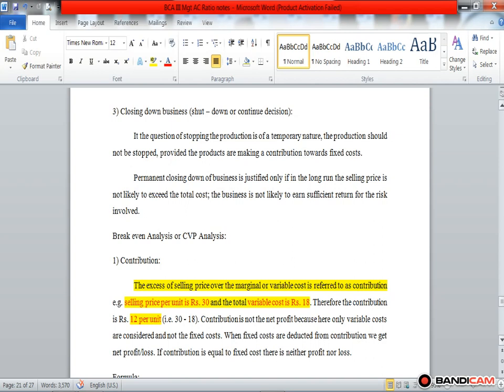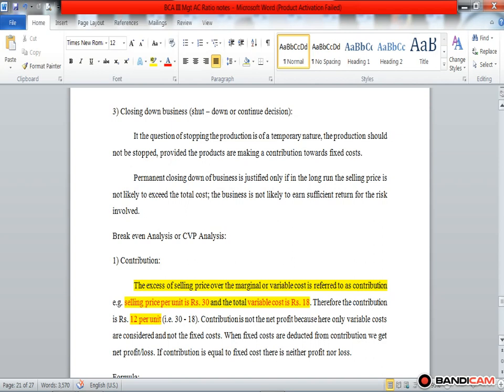We only consider the variable cost of the organization, we did not consider the fixed cost of the manufacturing concern. When we deduct the fixed cost from contribution, we get the net profit or net loss of the organization.